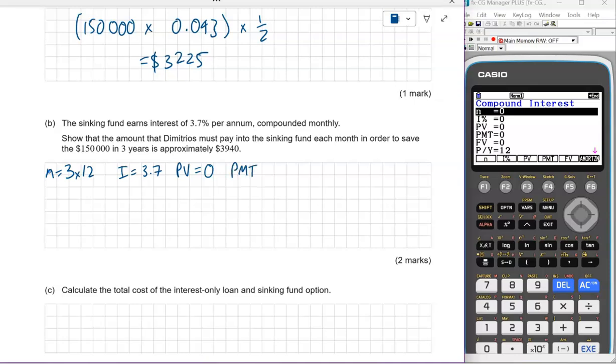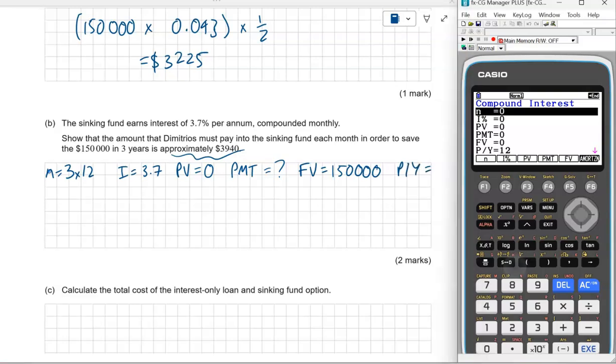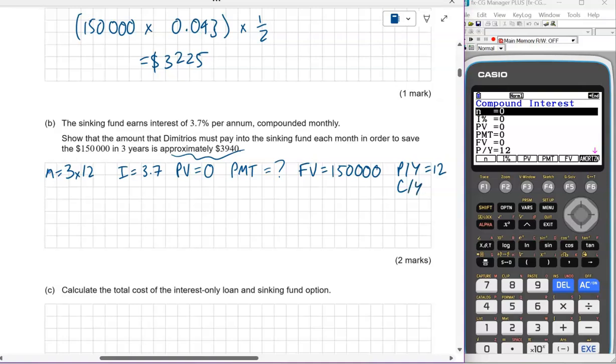PMT they're telling us here is $3,940. Sorry, we're actually working out it's approximately 3,940, so that's our unknown. The future value, Demetrios wants to get it up to $150,000, and PY is 12 because he's making monthly repayments, and CY is also 12 because interest is being compounded monthly.